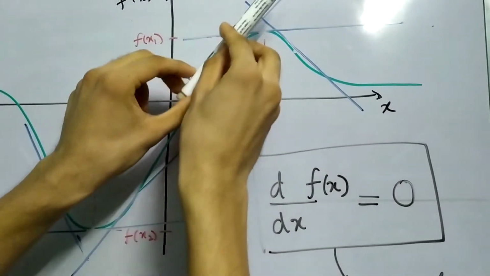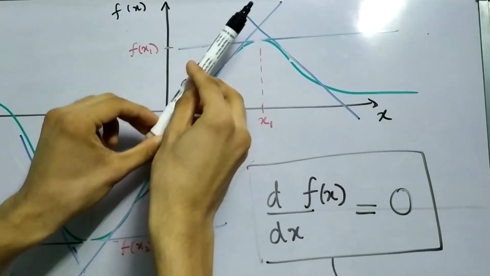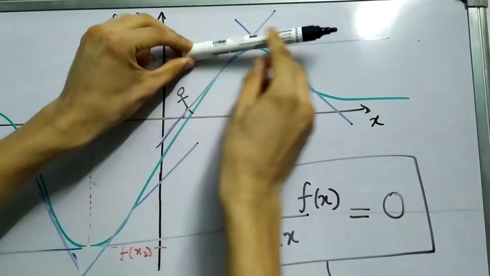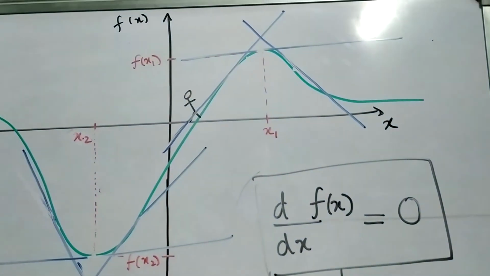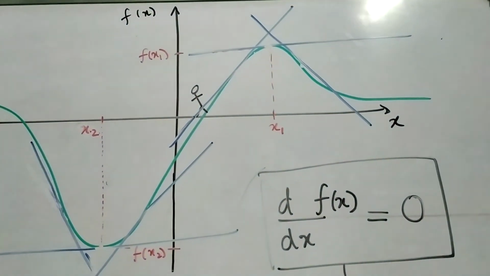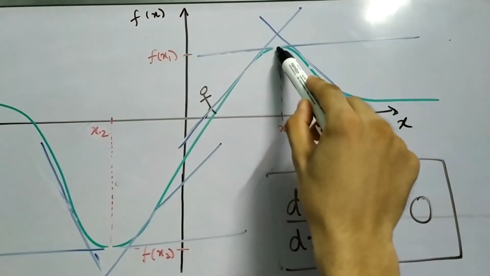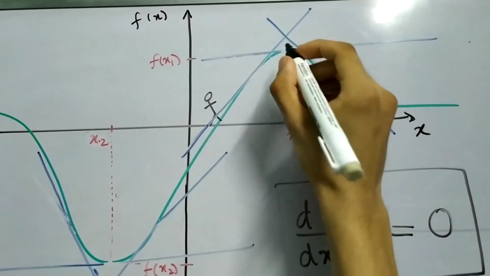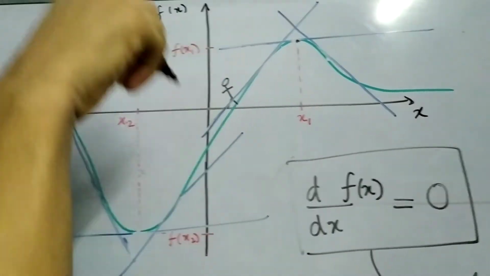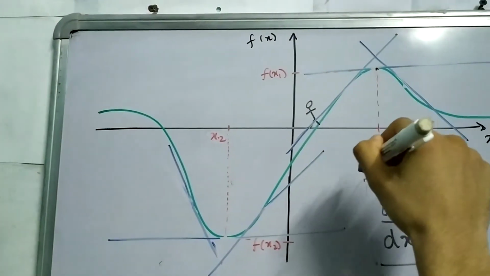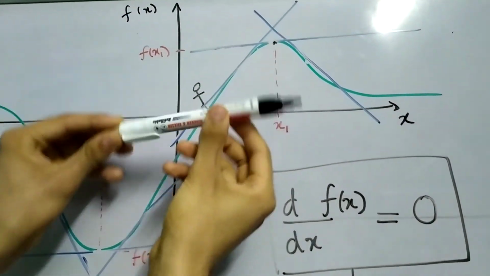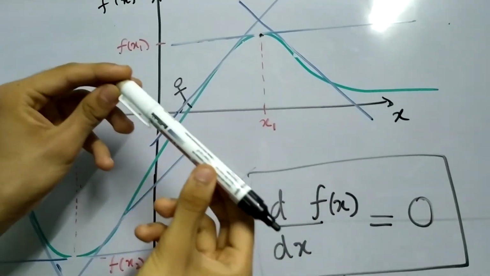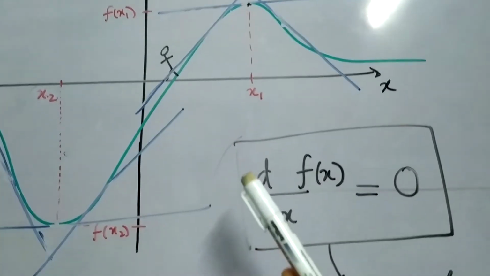So this was positive, it became lesser and lesser positive, it reached 0, and then it started becoming negative. Which means that the slope has a tendency to go towards lesser negative values around x1.